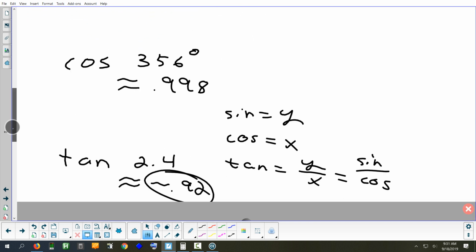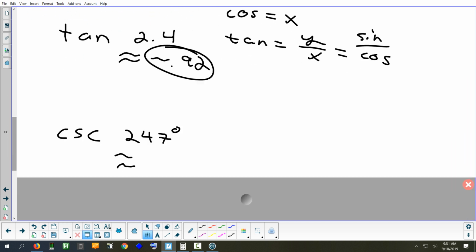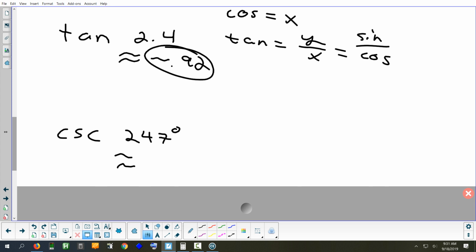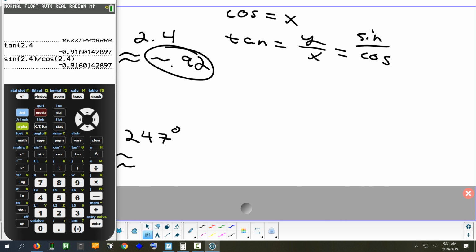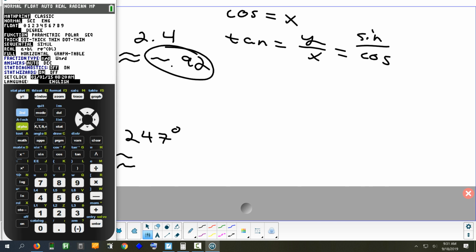Okay, so we did sine, we did cosine, we did tangent. Cosecant. Well, before I even type it in, what should I do on my calculator first? You gotta change it back to degrees, right? Yeah, let's go back to degrees so we don't forget that. So back to degrees.